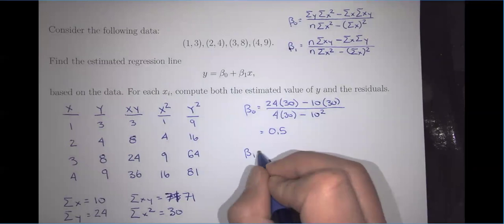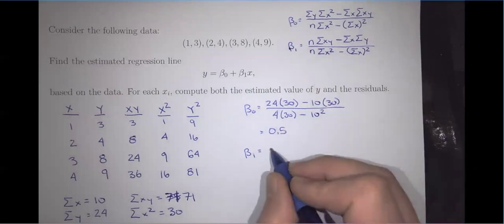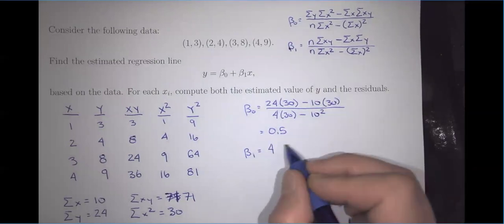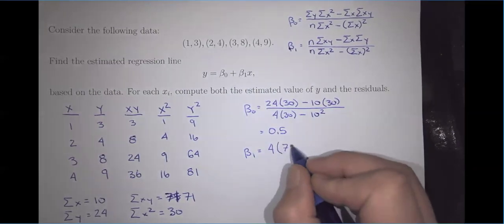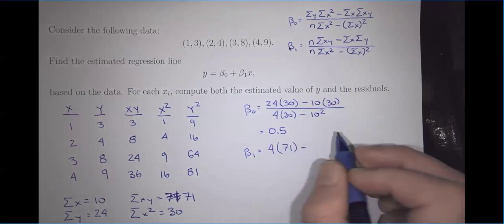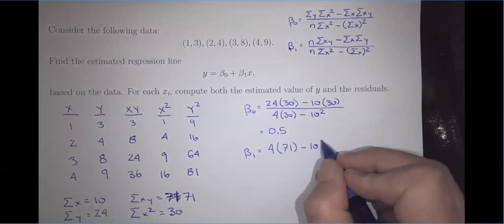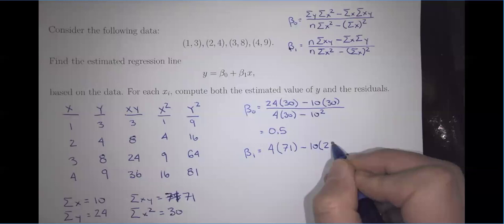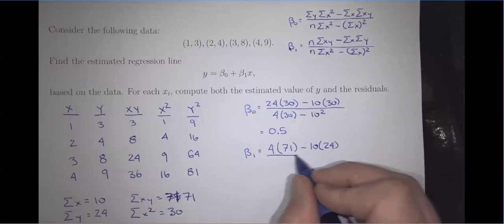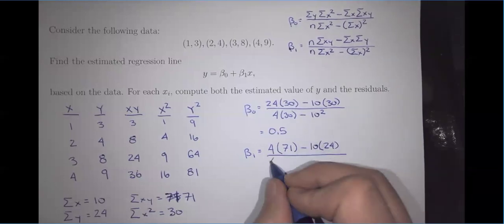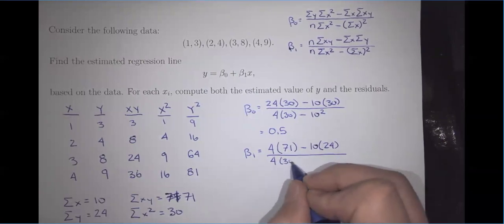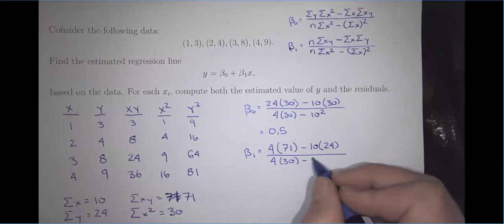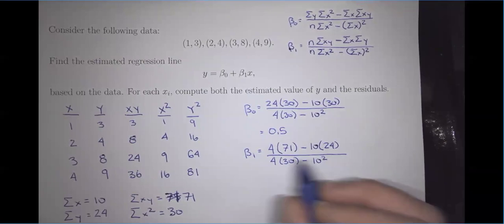Our beta 1 is n, which is 4, times the sum of the xy's, 71, minus the sum of the x's, 10, times the sum of the y's, 24, divided by n, 4, times the sum of the x squareds, 30, minus the sum of the x's, 10, so we get 10 squared there.